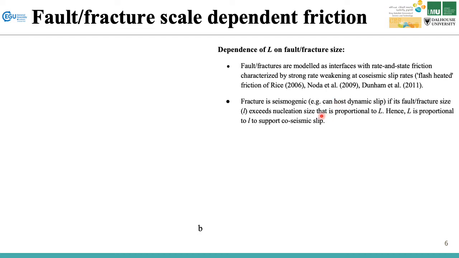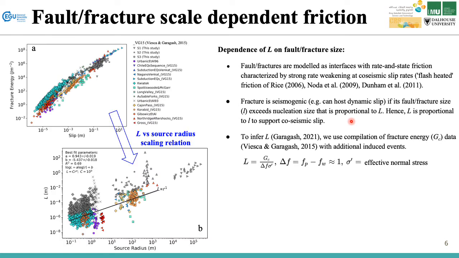Note that the fracture we consider is seismogenic, meaning that it can host a coseismic slip if its fault or fracture size exceeds the nucleation size that is proportional to L. In other words, L has to scale down with decreasing fault or fracture size to support coseismic slip.